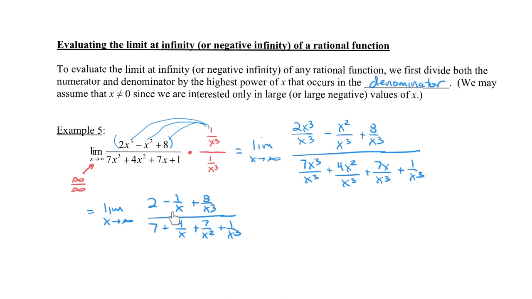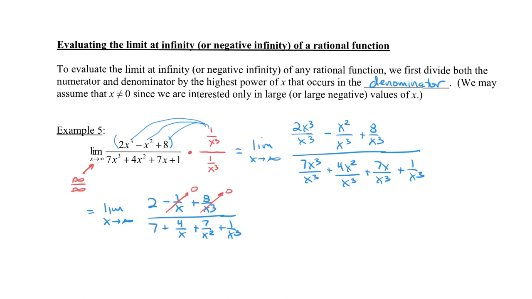Because as x gets bigger and bigger and bigger, these two terms become insignificant. So you can think of it like that, or you can use the theorem that we just talked about that said that the limit of this is 0, limit of this is 0. But usually you just think, okay, as x becomes huge, this term is going to go to 0, and this term will go to 0.